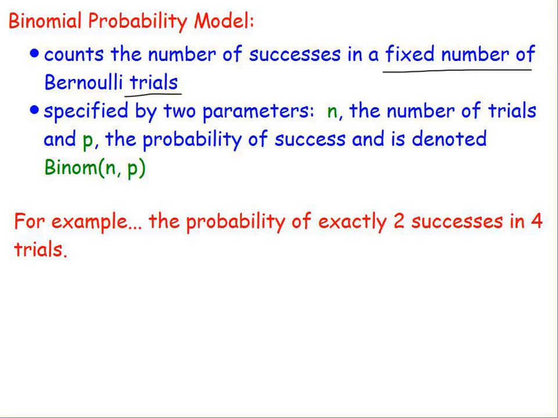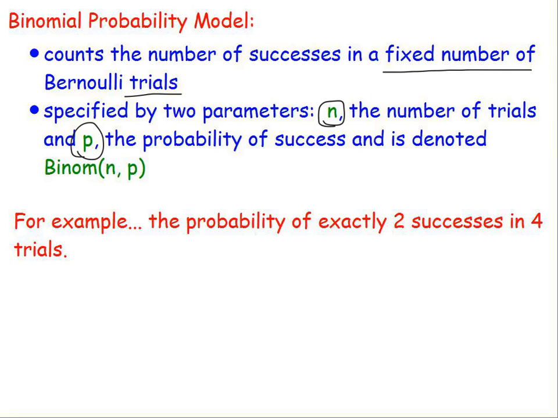For a binomial probability model, you need two parameters. First, you need n. N represents the number of trials that you are doing. And then p is the same p we've learned before, and that's the probability of a success.